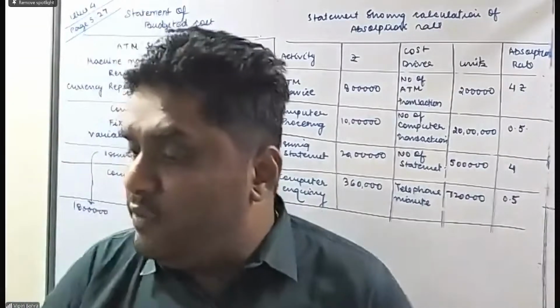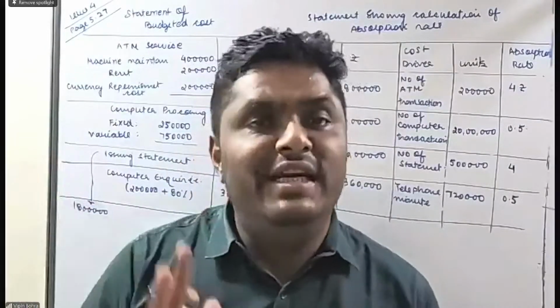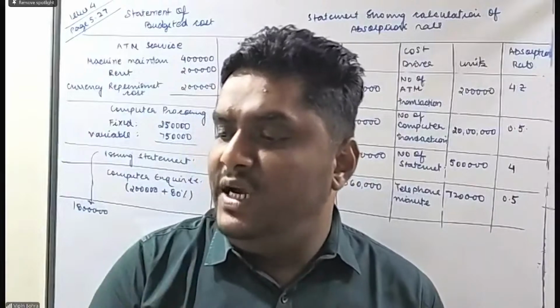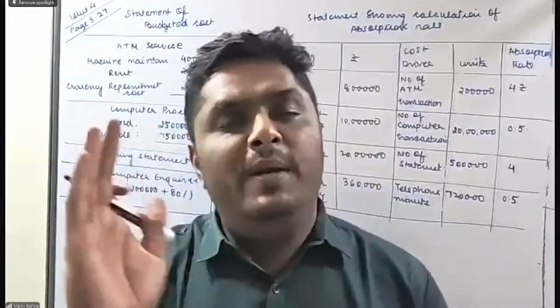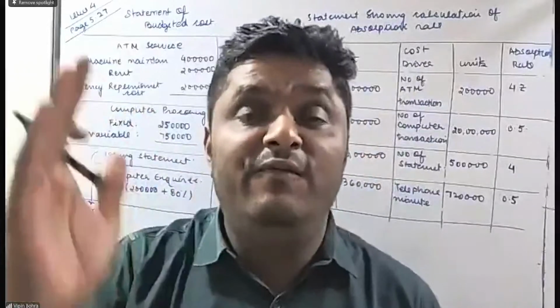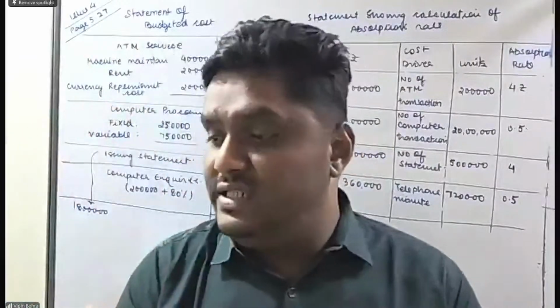Now see, it is given in the question that presently 3 lakh statements are made. Right now we are making 3 lakh statements. In the budgeted period, 5 lakh statements are expected. So currently we are issuing 3 lakh statements, and in the future we will be issuing 5 lakh statements. That is additional 2 lakh statements.